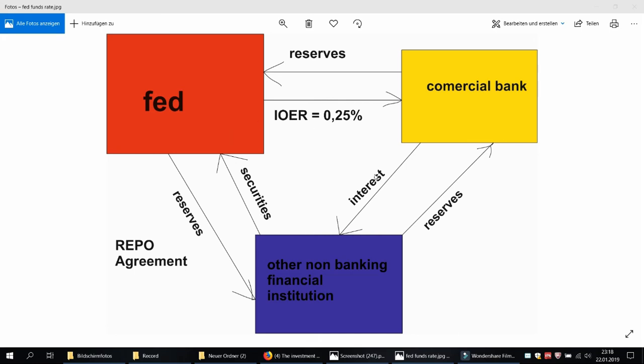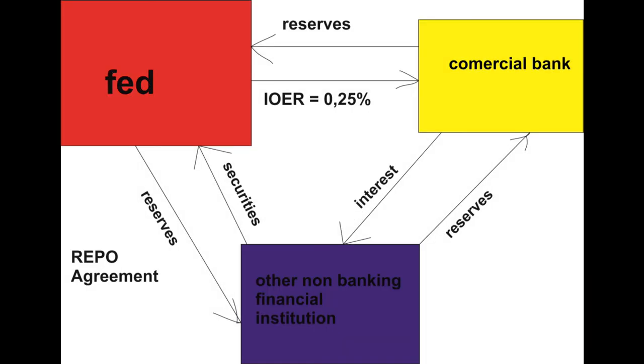So this is basically how the Fed puts a floor to the Fed funds rate. And these are basically the new tools that the Fed is using after the GFC.